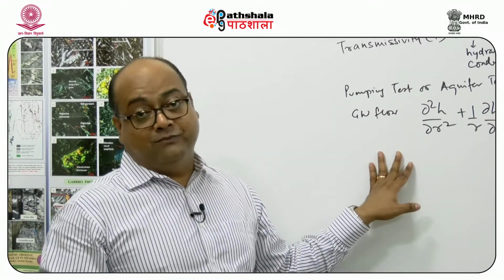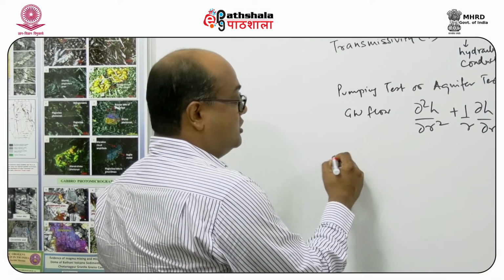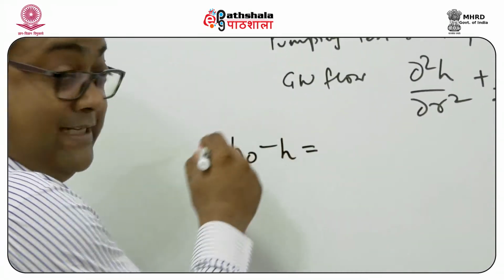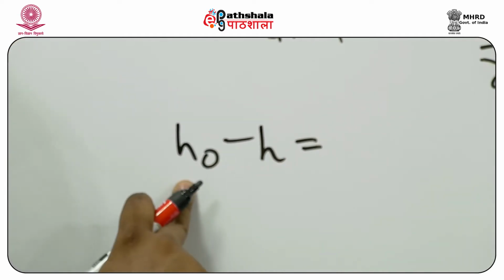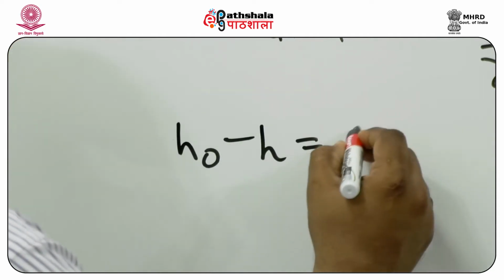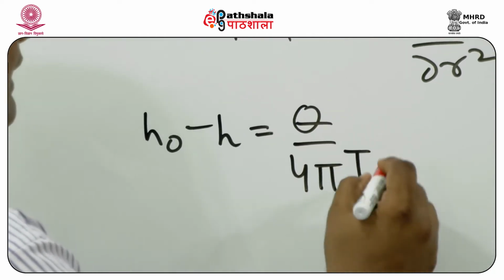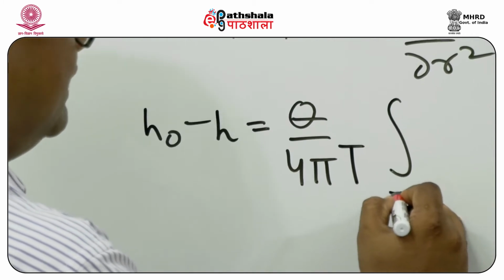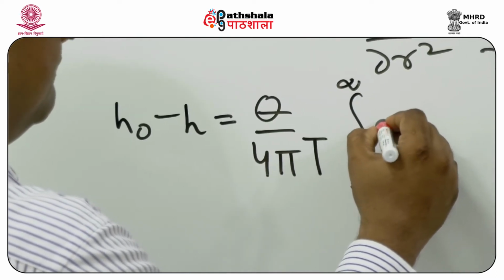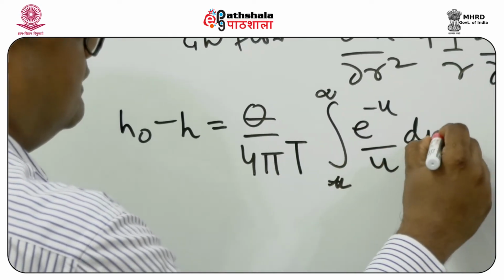The solution to this was proposed by C.V. Theis, and the solution says that H0 minus H, which is basically the drawdown we have been calculating, where H0 is the hydraulic head before pumping and H is the hydraulic head after pumping for some time, is given by Q by 4 pi T times an integral from u to infinity of e to the power minus u by u du.